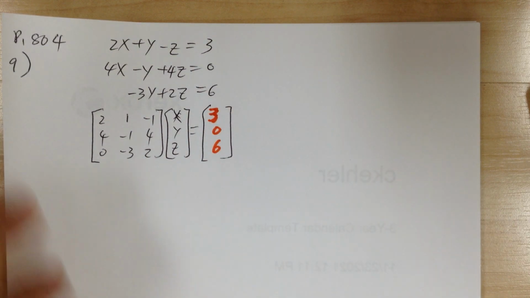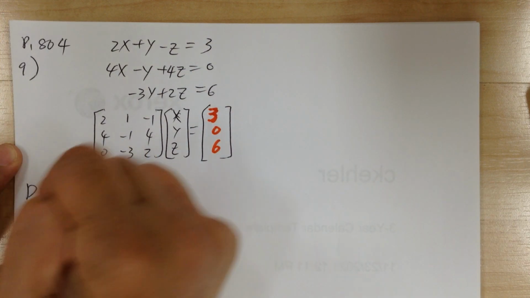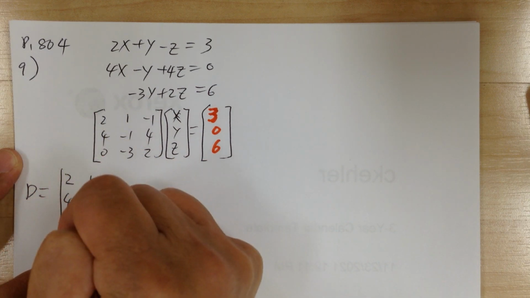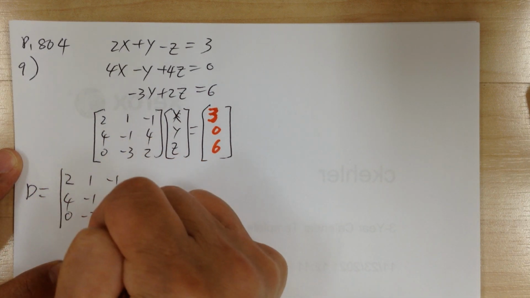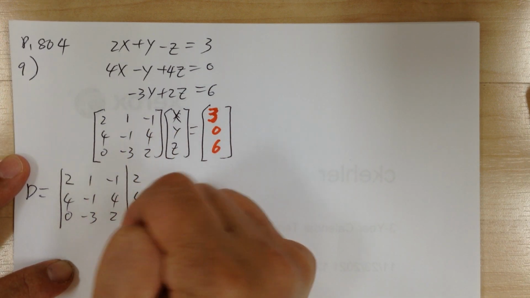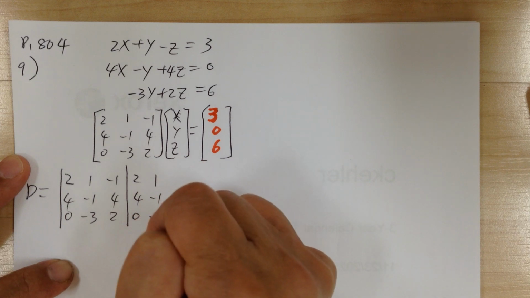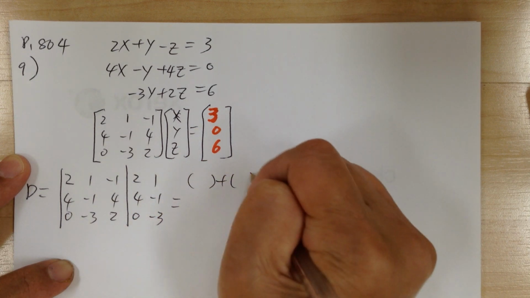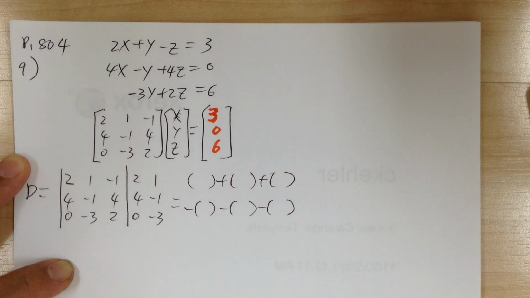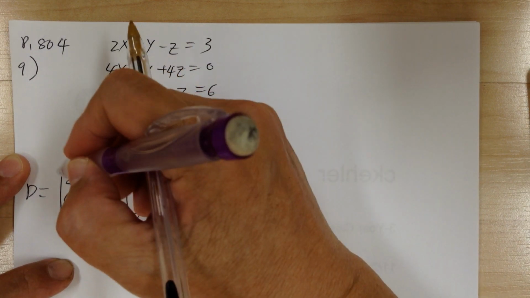Okay, so that's going to find D first. So you got 2, 4, 0, 1, negative 3, negative 1, 4, 2. Okay, and then copy the first two columns. So you can get the 3 plus, get the 3 minus. Okay, let's do a diagonal.